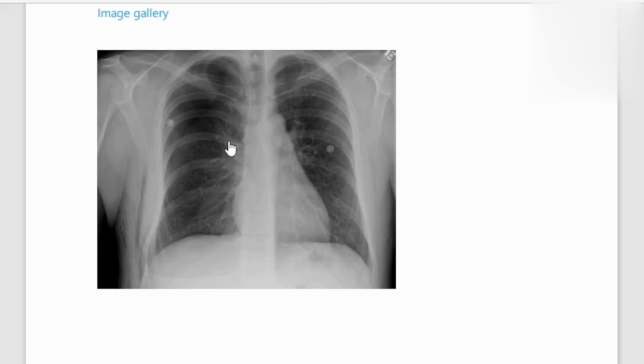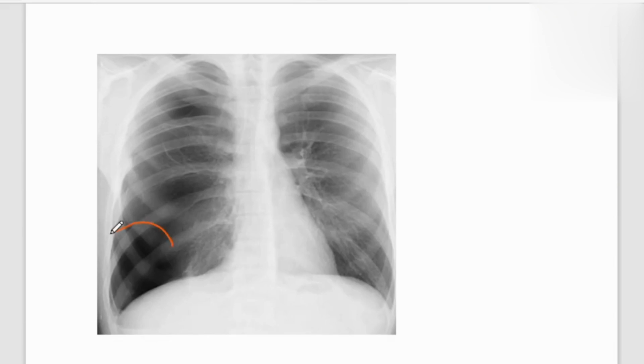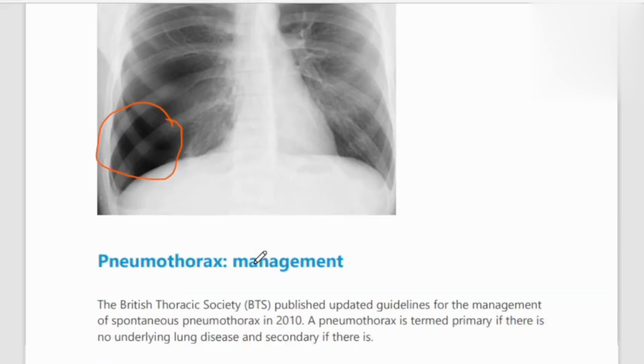Here you can see in this figure the air shown as jet black, and this is normal lung tissue. Remember, air on the chest x-ray looks jet black, bone more white. In this figure there is a pneumothorax, and this is normal tissue.